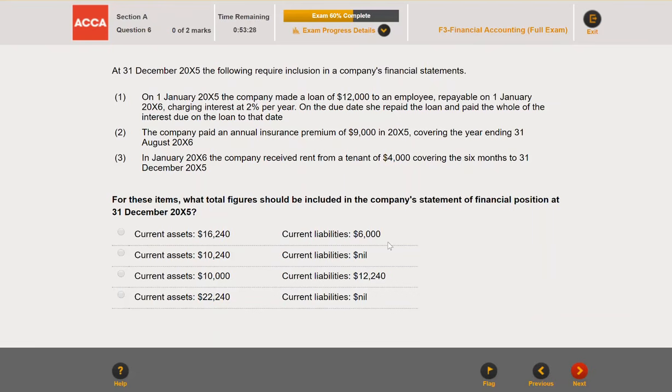Next one, on 1st January, the company received rent from tenant of 4,000, covering 6 months to 31st December 2015. It means if we received the rent on 1st January, it was receivable at the end of the year, at 30th December, so it is accrued income.